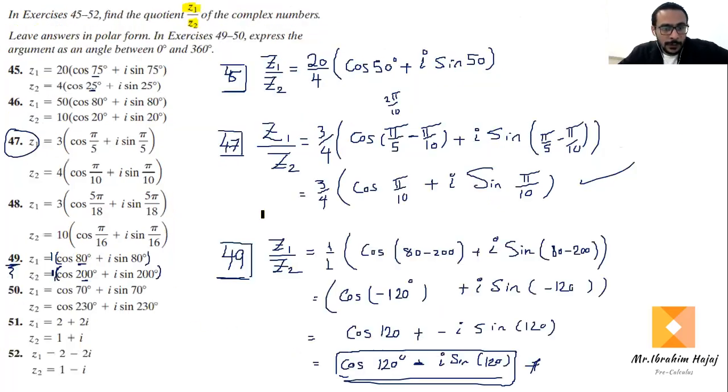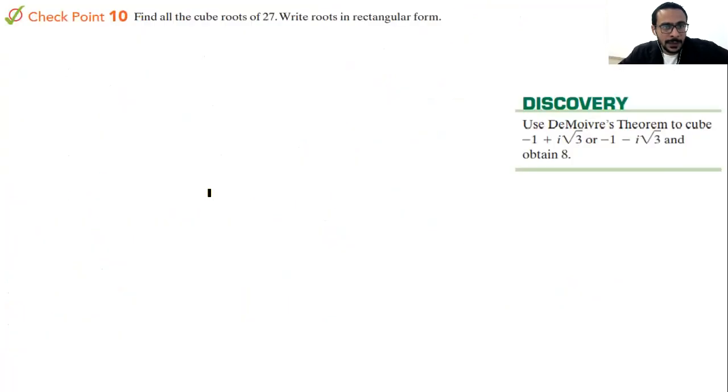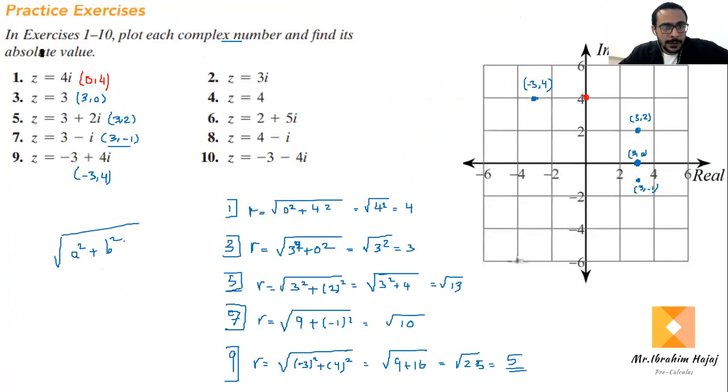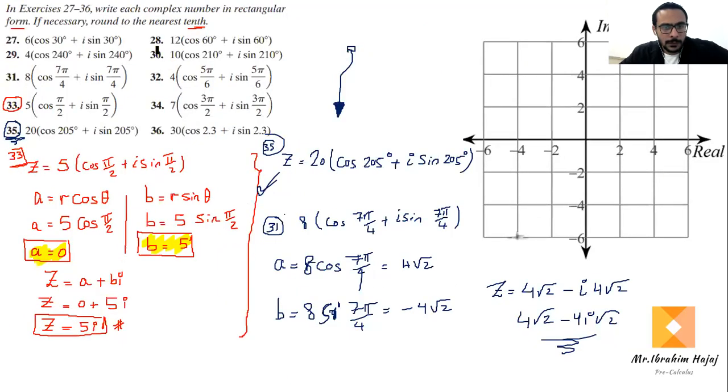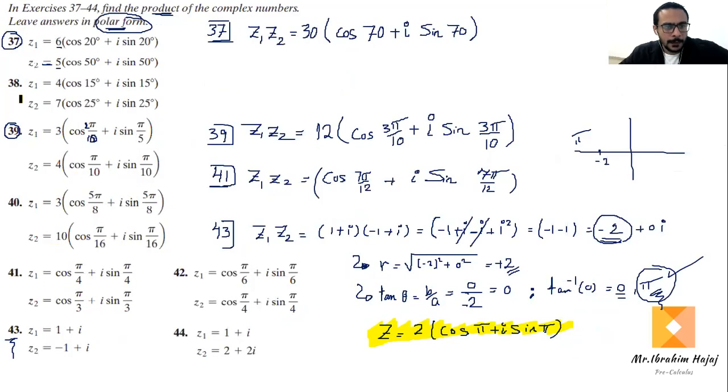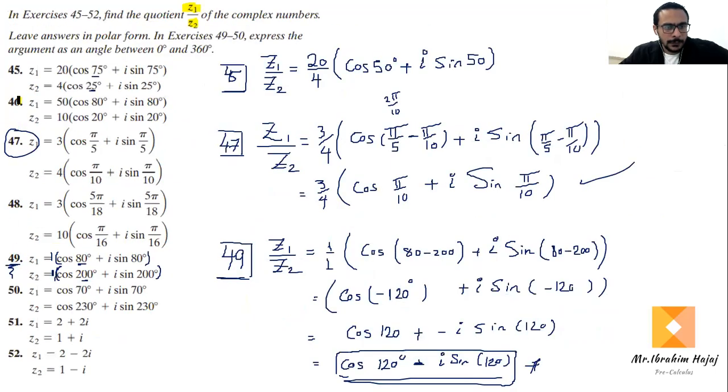What's the homework? The homework is in the practice set exercises: 1, 2, 4, 6, 8, and then 12, 16, 20, 24, 30, 34, 36, 38, 40, 46, 48, 50 and 52.